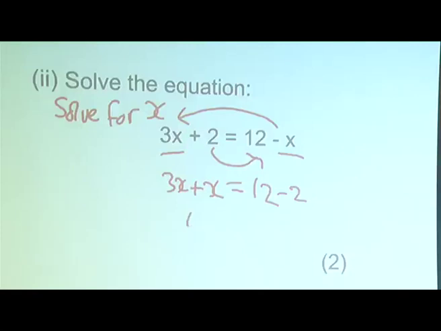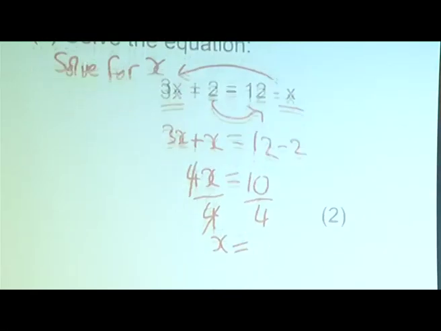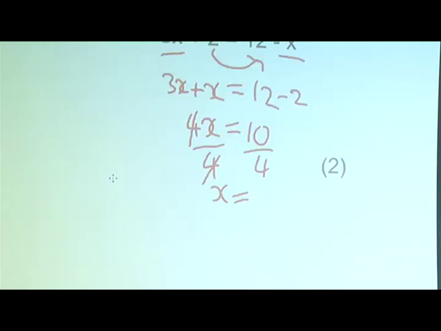And then we simplify this to 4x, because 3x plus 1x will be 4x, and this will be 10. That is 12 minus 2 is going to be 10. And then we divide by 4 both sides so that we can get the value of x. We are actually making x the subject of formula here. So if you make x the subject of formula, then it means you are going to get the value of that.